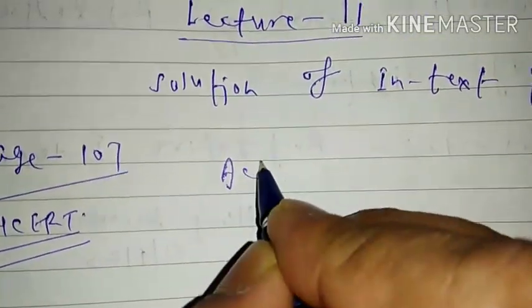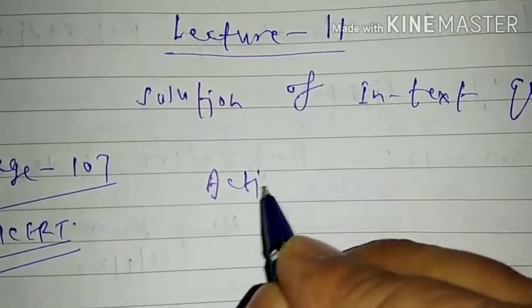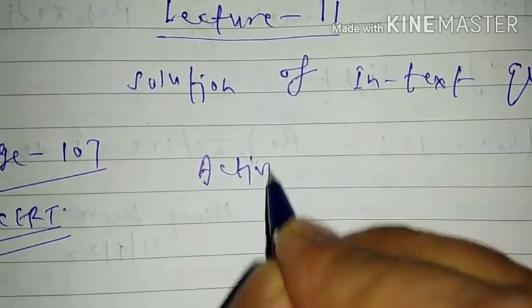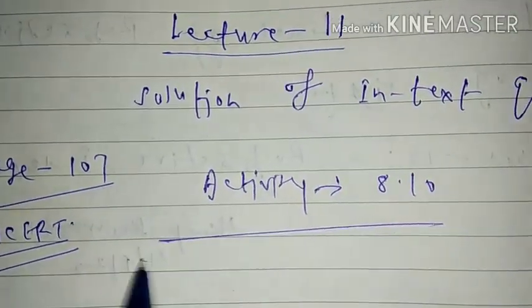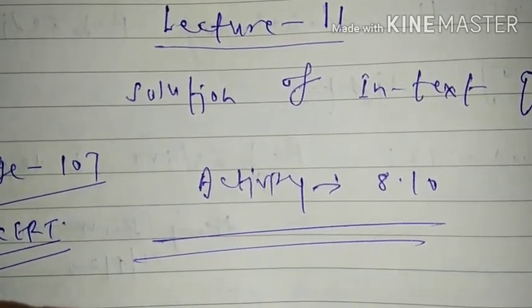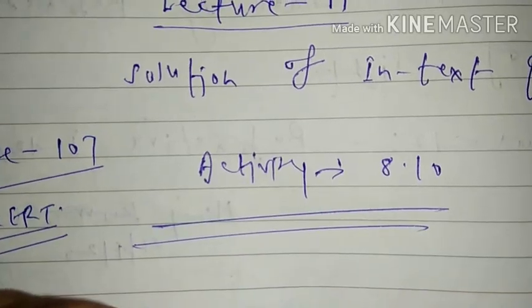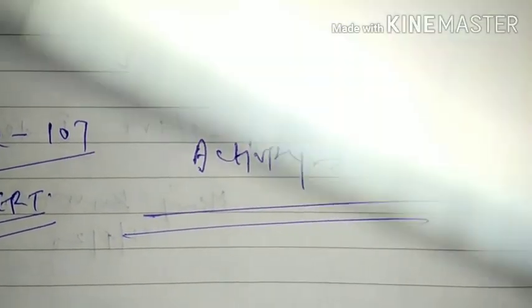So first of all, we see what is given in activity 8.10. And I had assured you that I shall explain each and every activity of the NCERT text because it is very useful for our knowledge. So see activity 8.10. What is given here?